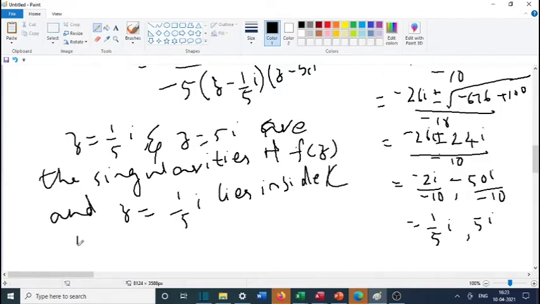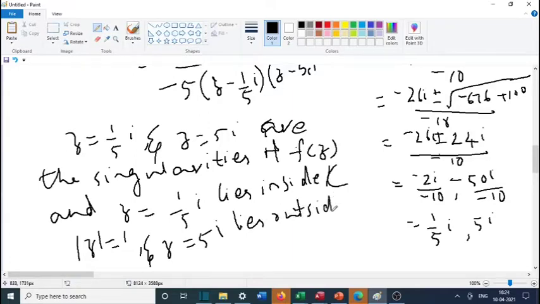Our c is the unit circle, mod z equal to 1, and z equal to 5i lies outside c.